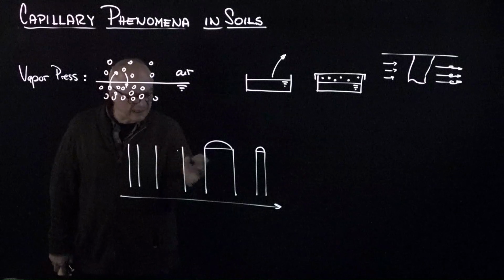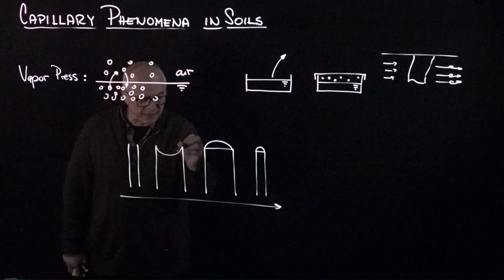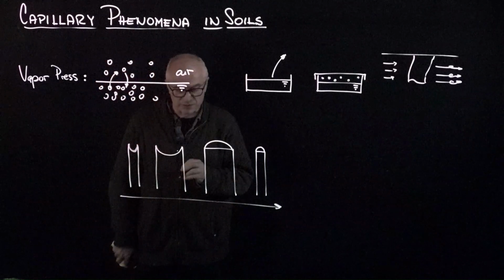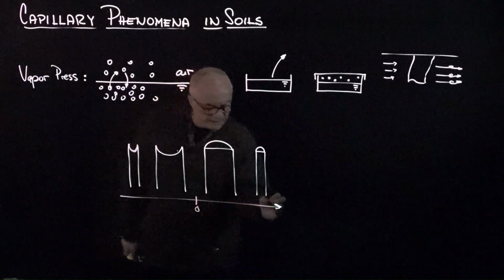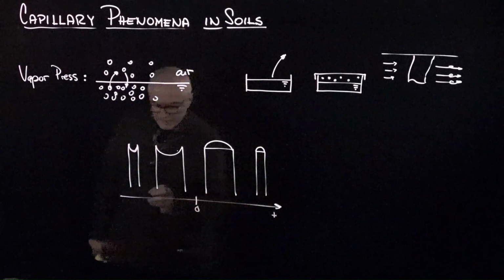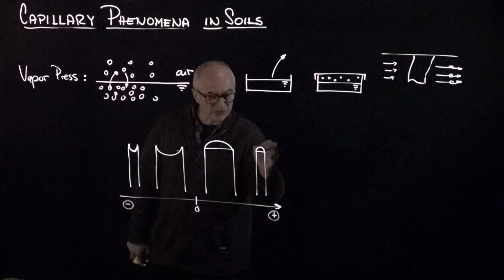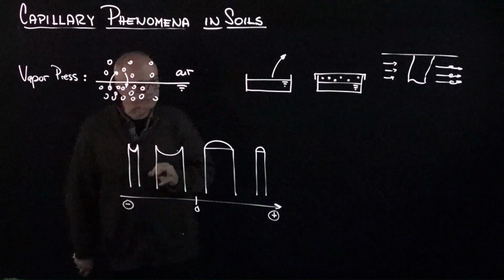But in this case, if these are water wet, actually we're going to have a capillary rise according to the Laplace equation. So this would have been zero curvature. This is positive curvature, and this is negative curvature, because we measure it from the inside, and here we have to measure it from the outside.